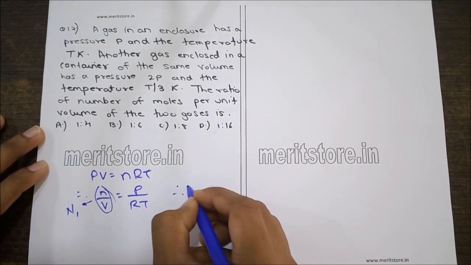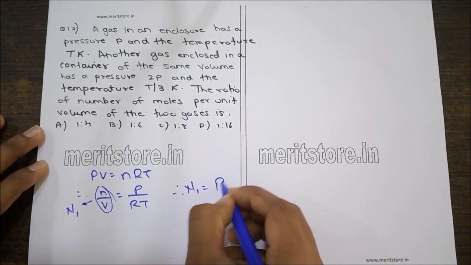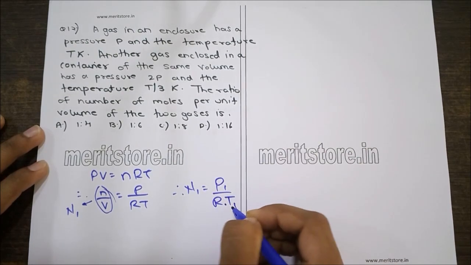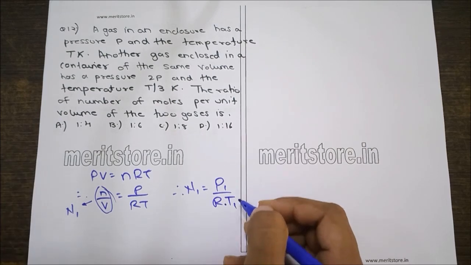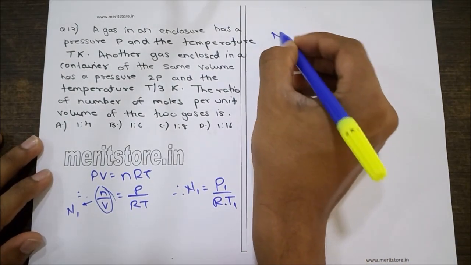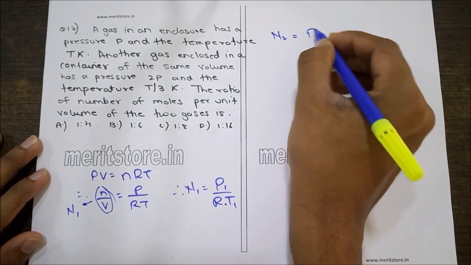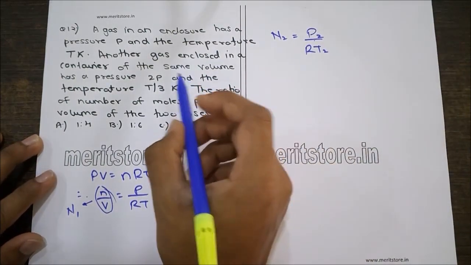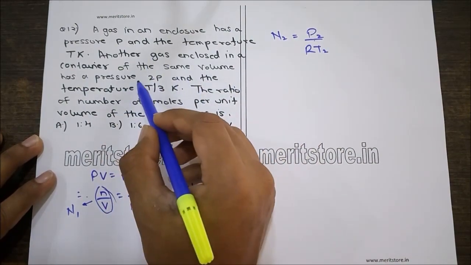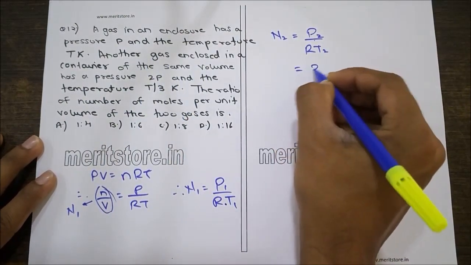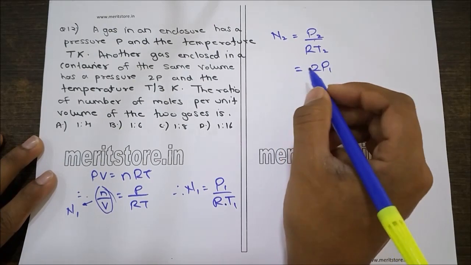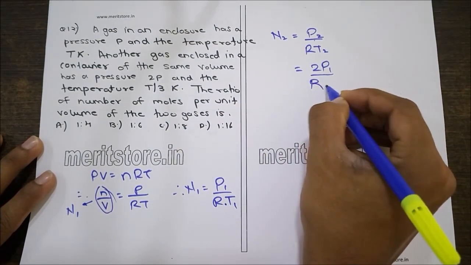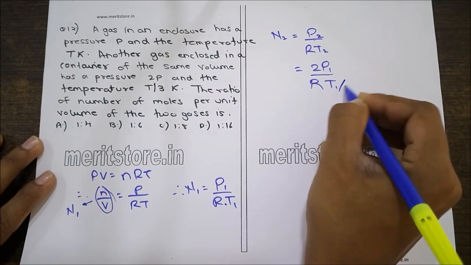So therefore N1 is equal to P1 upon R times T1. For the second case, N2 is equal to P2 upon R times T2. However, since the pressure is doubled, so 2P1, and the temperature is made 1/3, so R times T1 upon 3.